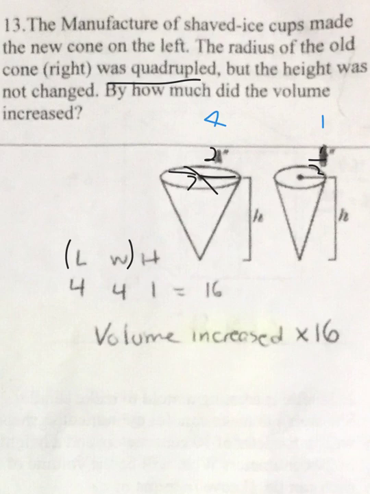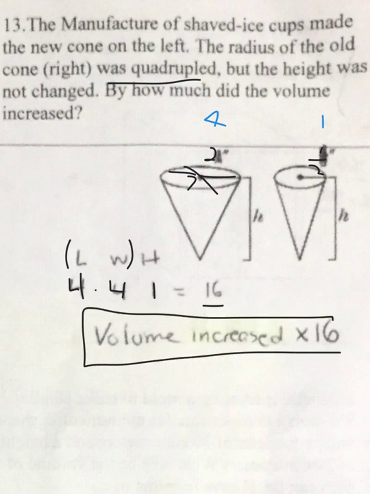Even though we don't talk about circles as side length and side width, we said it's 2 dimensions. The height stays the same. Well, 4 times 4 is 16, so 2 of the measurements are changing, not the third. 4 times 4 is 16, that's how many times it'll increase, right? So again, when each individual dimension changes, you have to multiply each of those together.